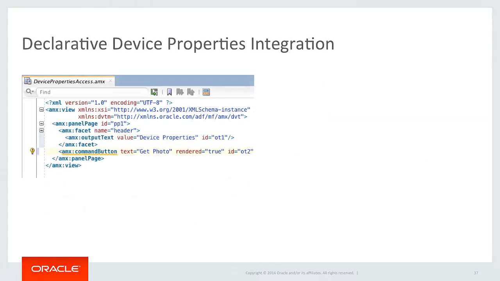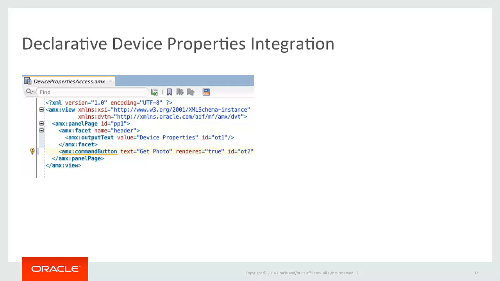So here's an example where I have a command button, and this command button, dependent on the device property, like has camera, I want to show or hide. So just putting the example I gave you before into a visual example here.